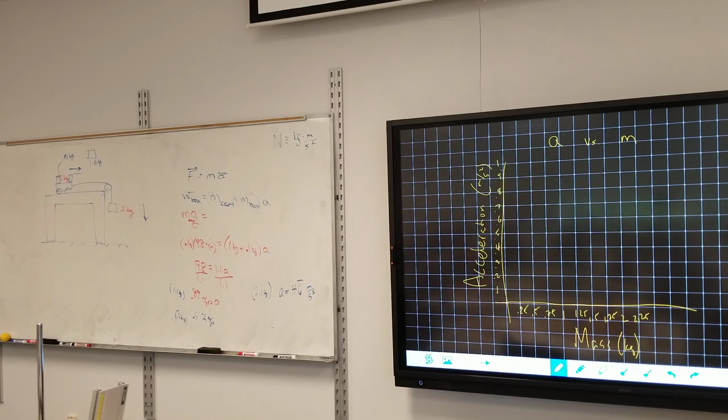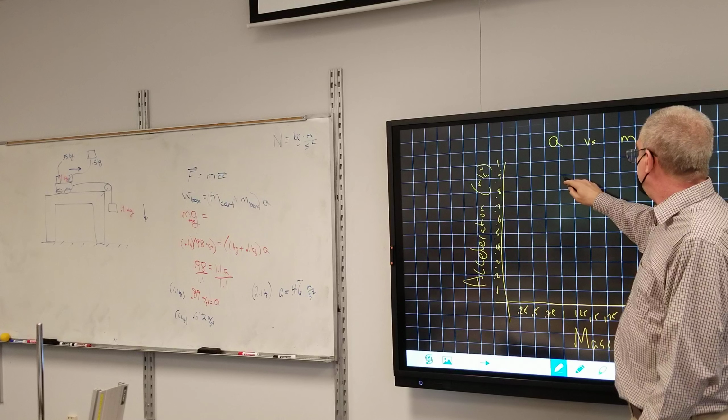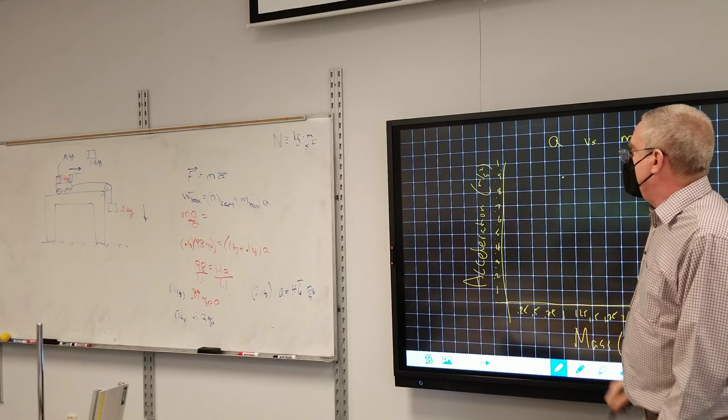All right. So we have a data point there: when my mass was 1.1 kilograms, my acceleration was 0.89 meters per second squared. So 1.1 and 0.89, I got a data point there.